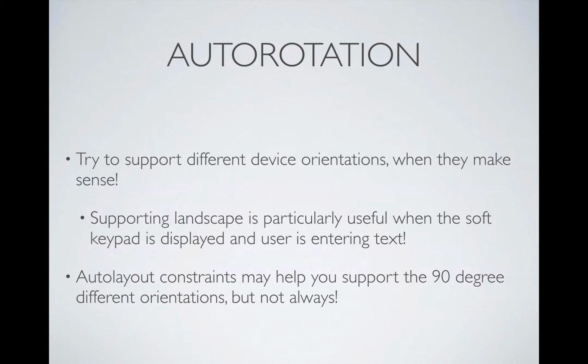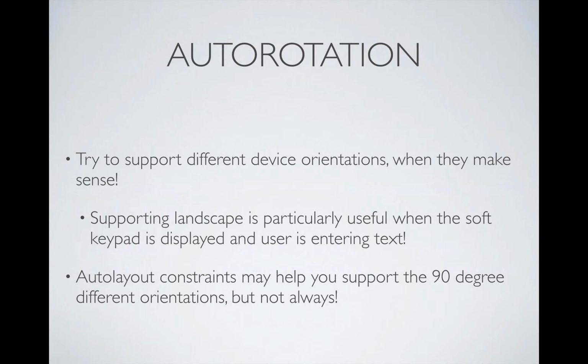Now, auto layout constraints may help us support those 90-degree different orientations. So for example, going from portrait to landscape right or left is 90 degrees. And typically auto layout constraints will help us adjust for those different things. And of course, if we're going 180 degrees from either landscape left to landscape right, or from portrait to upside down, well then it's pretty trivial. Nothing really needs to be laid out because the dimensions are the same.